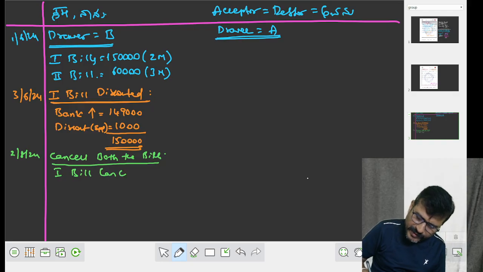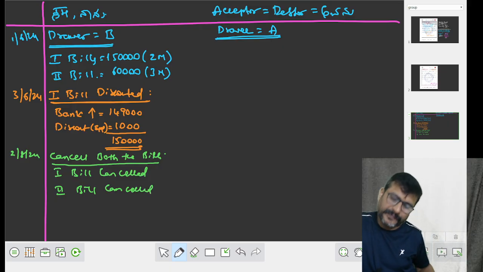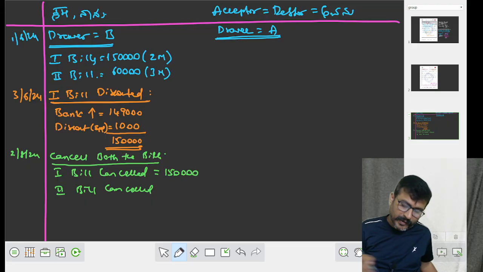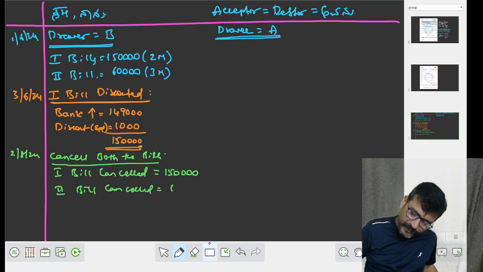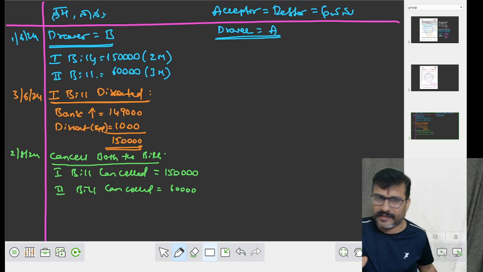First bill cancelled. Second bill is also cancelled. What is the amount of the first bill? 1.5 lakh. What is the amount of second bill? 60,000. So both the bills are cancelled.